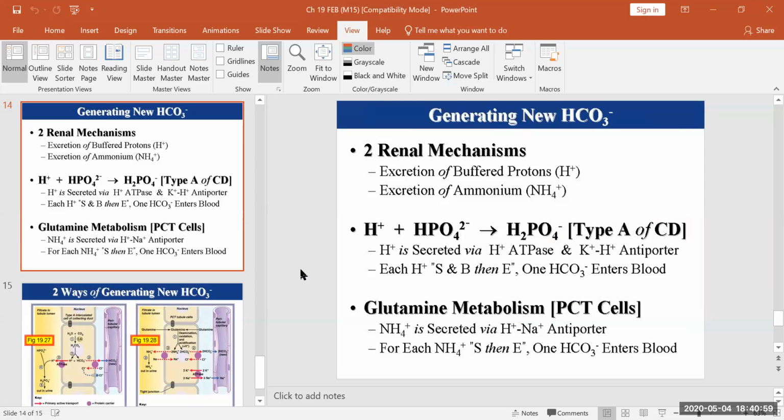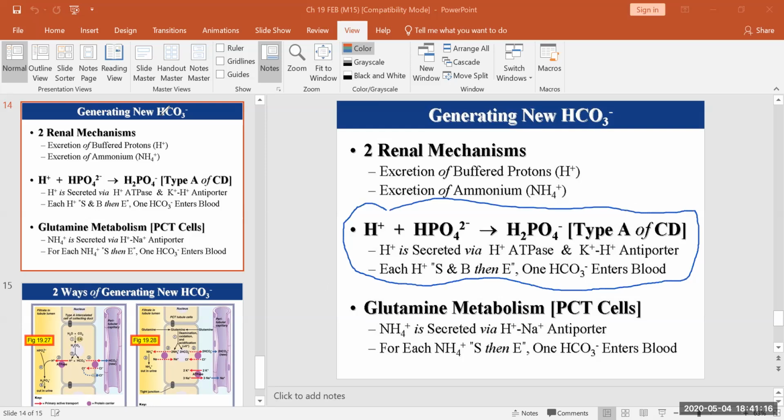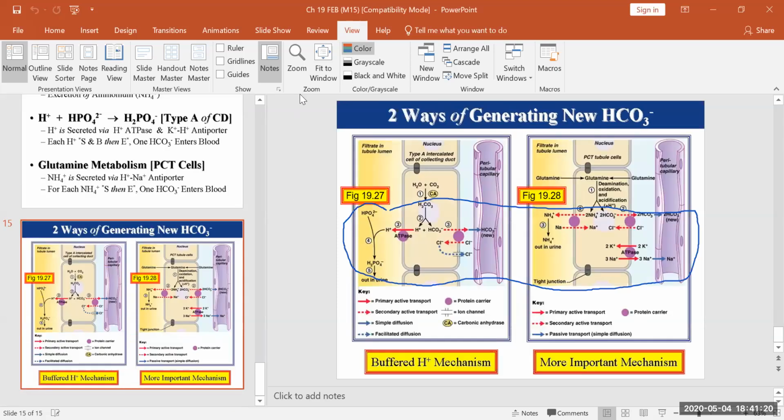So there are two mechanisms allowing the kidneys to produce new bicarbonate. The first mechanism is this one, so let's go over that one first, which is this picture here. It corresponds to figure 19.27 in your book.